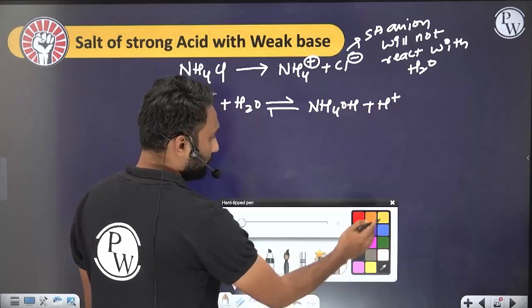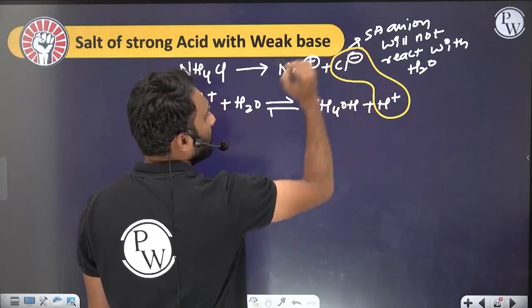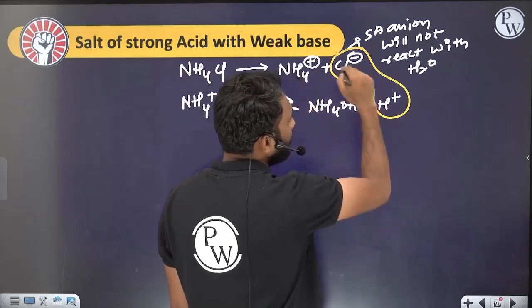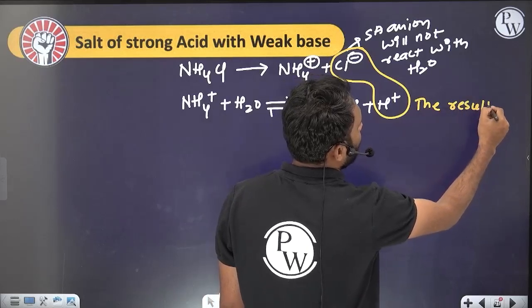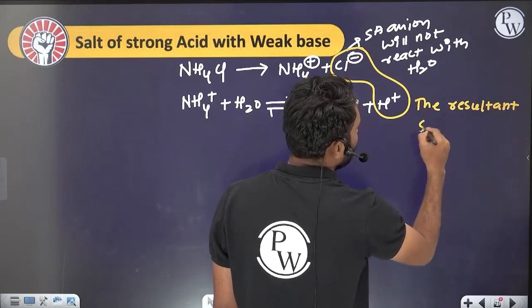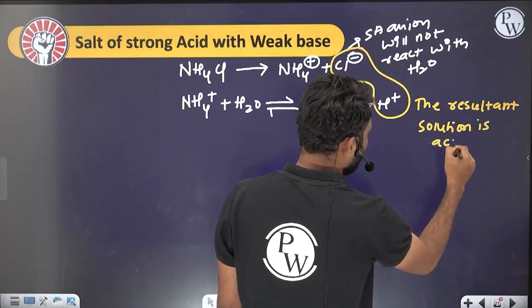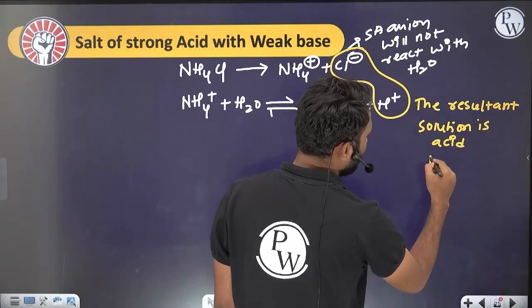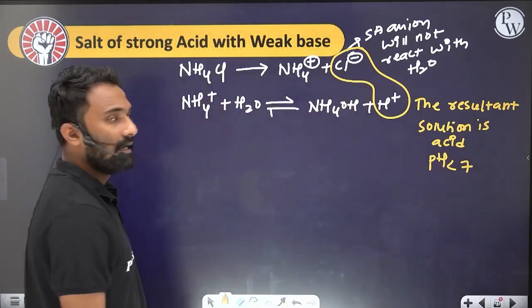Now look here, the resultant solution will be acidic, due to HCl. The resultant solution is acidic. So the pH will be less than 7.